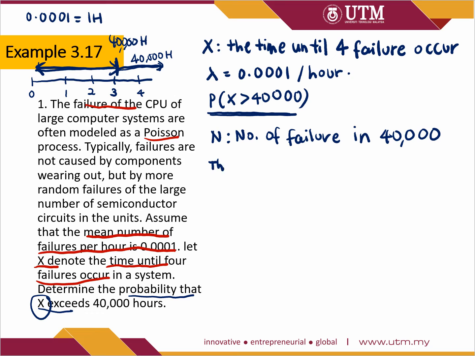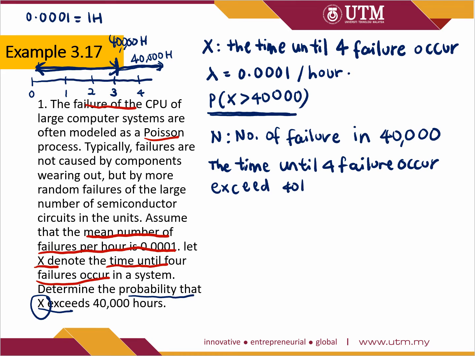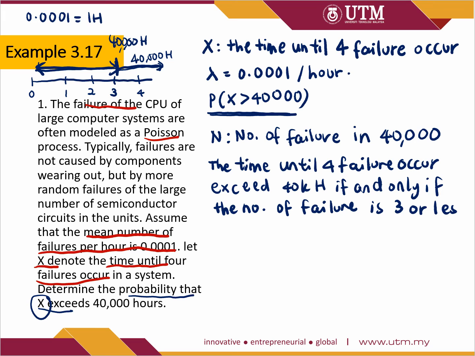So I just rewrite. The time until 4 failures occur exceeds 40,000 hours if and only if the number of failures is 3 or less.